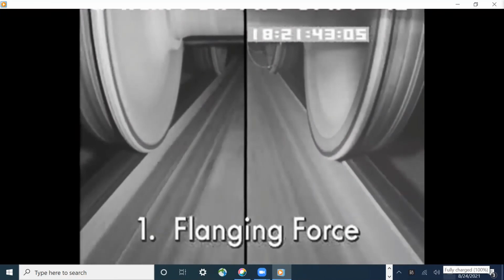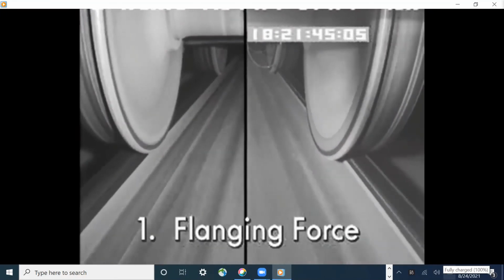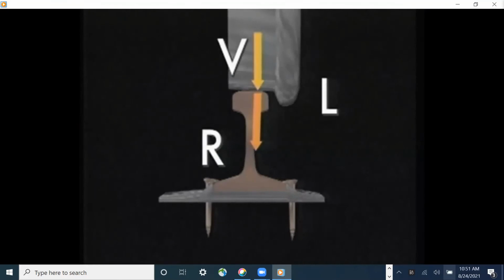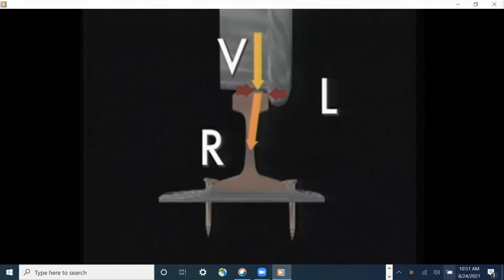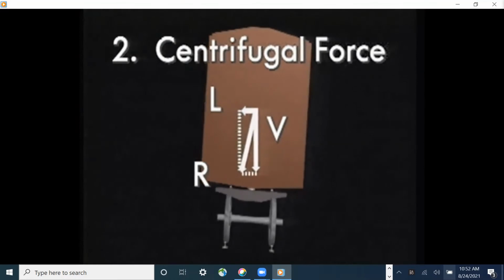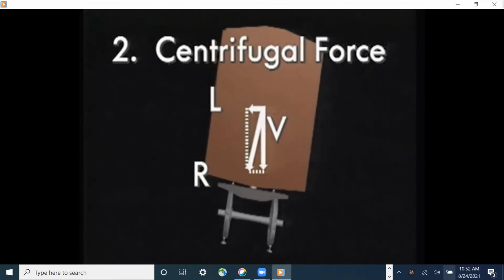On a curve, when wheel flanges contact the high rail, a flanging force results. As train speed, weight, and track curvature increase, so does the lateral force on the outer or high rail of curves. Centrifugal force causes the resultant load of the vehicle to shift toward the high rail, and additional lateral force to be applied to the rail.